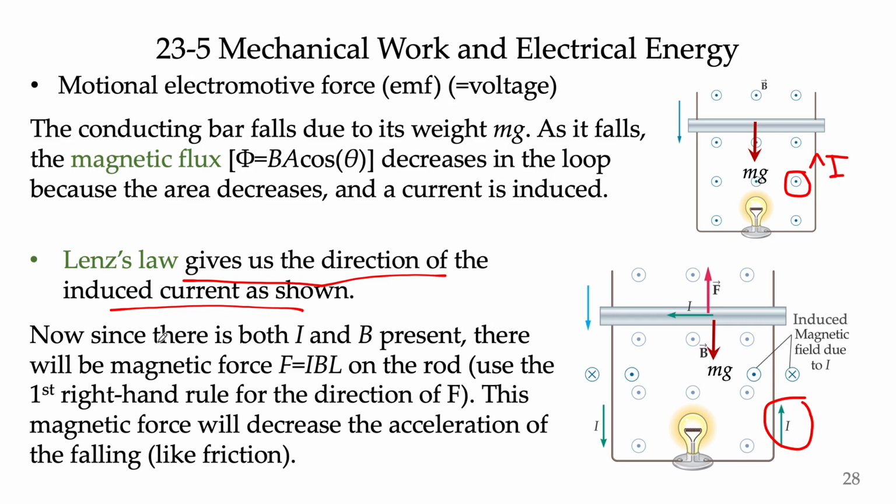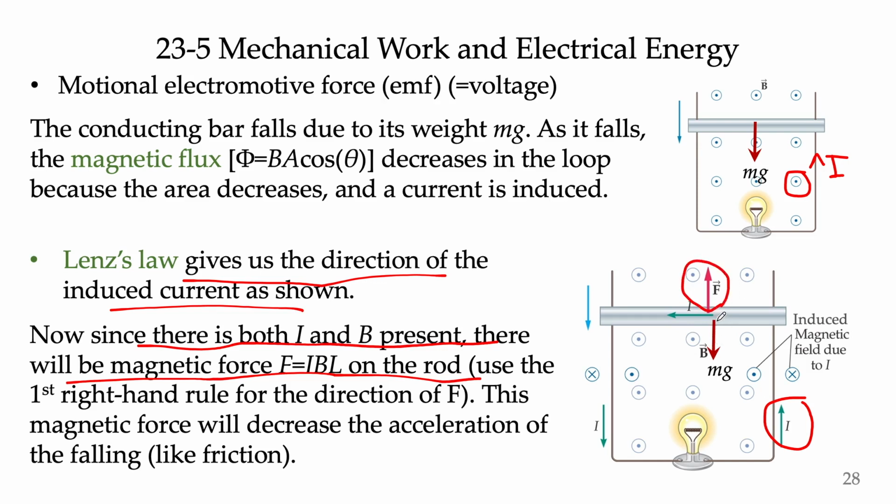Okay, now since both current and magnetic field are present, there will be some magnetic force on the rod, right? So this time you're going to use the first right-hand rule. Your index finger is to the right, and the magnetic field is out of the page, which gives you the force in the up direction.